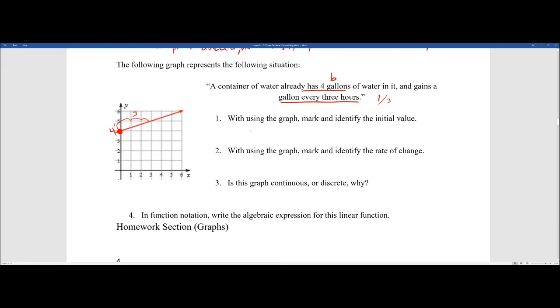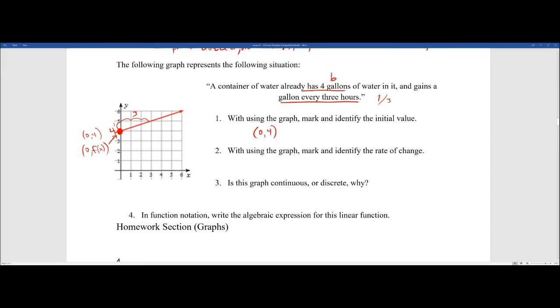Now, number 1, when using the graph, mark and identify the initial value. And I did. The initial value is right here, and again, that's at 0, comma f of x, which in this case is 0, comma 4. So again, 0, comma 4.